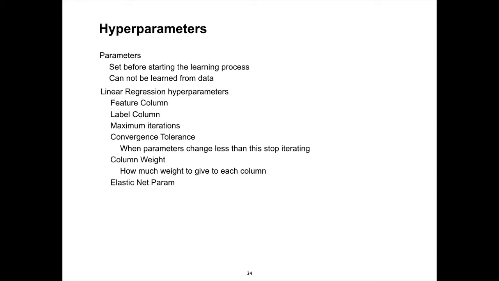So it's a hyperparameter. The name you give the label column, it can't be figured out. How many iterations you want, the maximum iterations you want the algorithm to do, that's something we set before we start training, right? The convergence tolerance, that is, when do you say, okay, you're making so little progress, just stop, right?